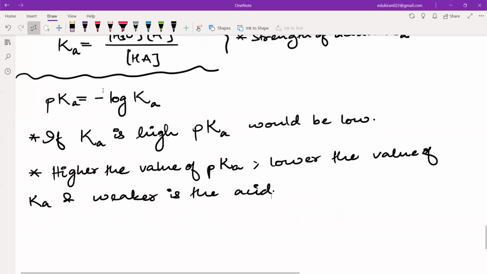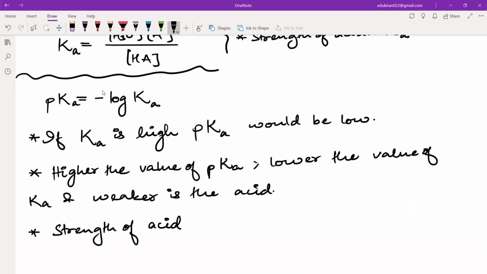So the relationship between the strength of acid and pKa is that the strength of acid is inversely proportional to the pKa. So a strong acid has a lower value of pKa, and the weak acid has higher value of pKa.